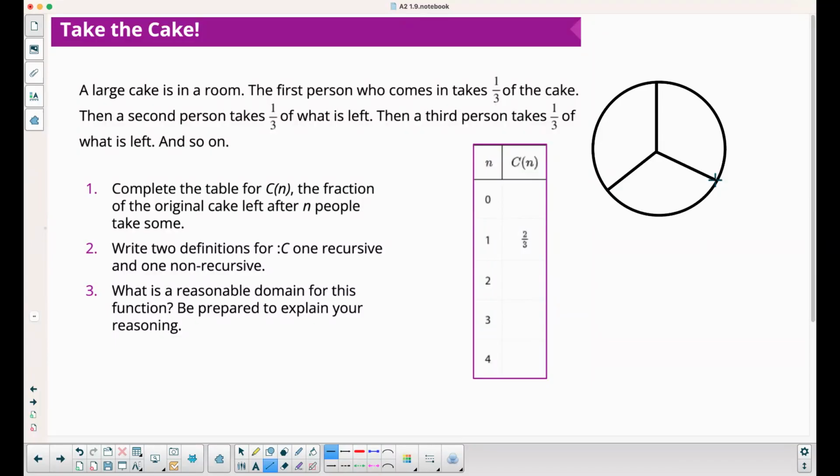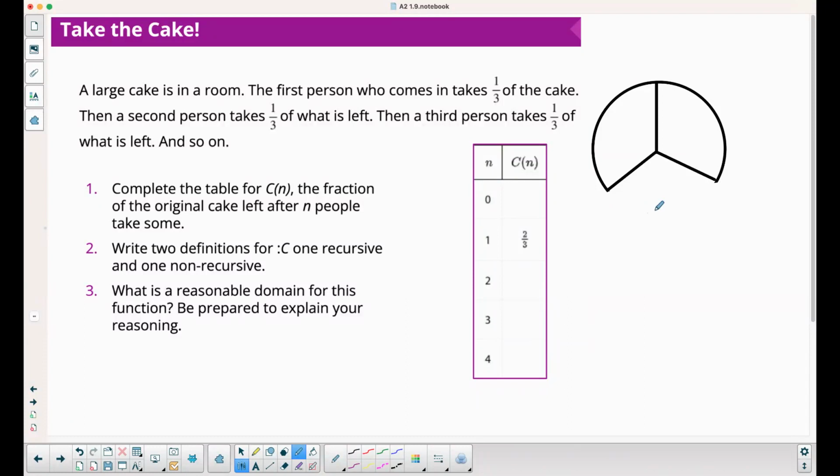So we have the cake split into thirds there, roughly. If someone comes and takes 1/3 of it, okay, I'm just gonna erase this. This person takes this slice right here, and it's gone. Okay, how much is remaining would be 2/3.